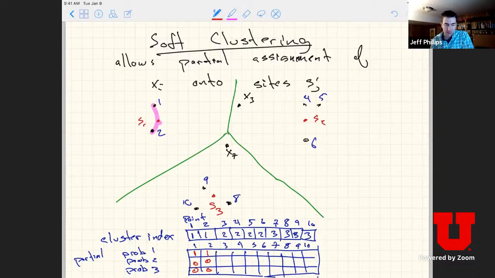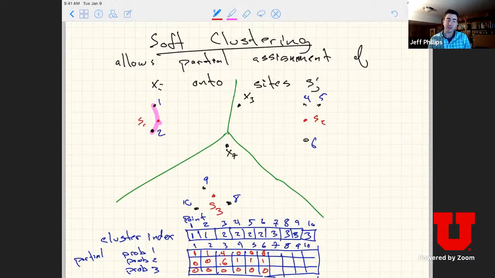I might say, well, maybe point 4 is assigned to site 1, and point 6 is assigned to site 2, and 0 probability to site 3. So I'm going to enforce that this representation is a probability distribution over what site it's assigned to. I kind of split its assignment up in this way, right? So I get this partial assignment. And here I'm going to get 0, 1, 0, 0, 1, 0, 0, 1, 0.